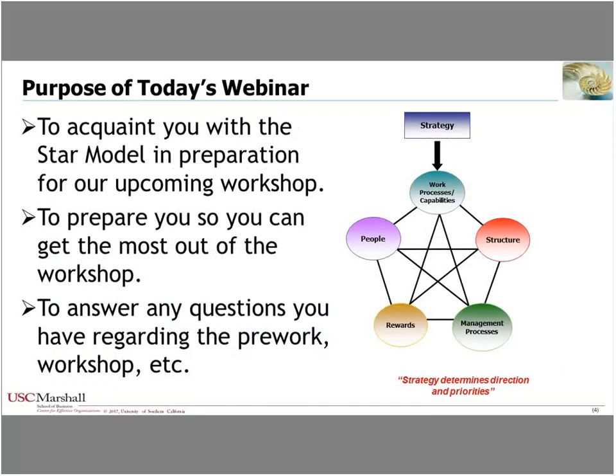There's a couple others, McKinsey 7S, for example. They're all kind of the same, but we worked a lot with Jay when he was at the center, and we think this is probably the most elegant model. It's got the smallest number of things in it with the most powerful impact. So we wanted to give you a little bit of a background in that model.